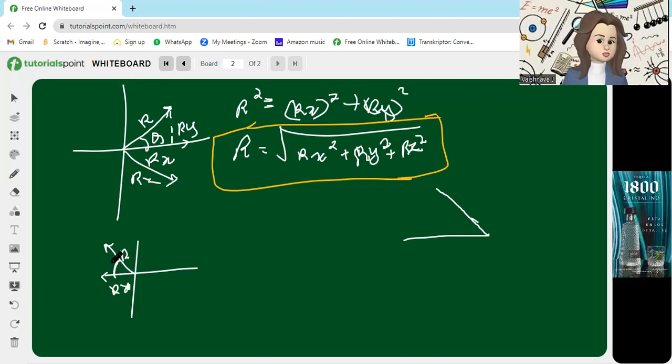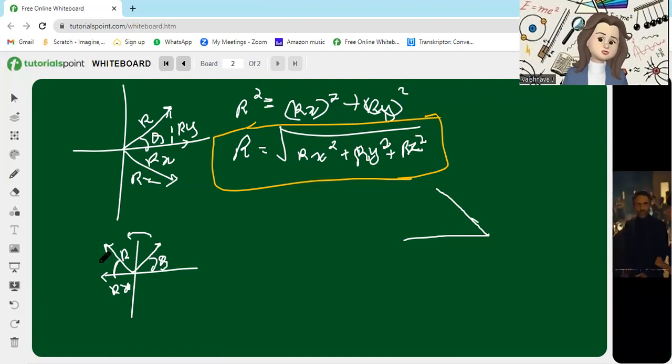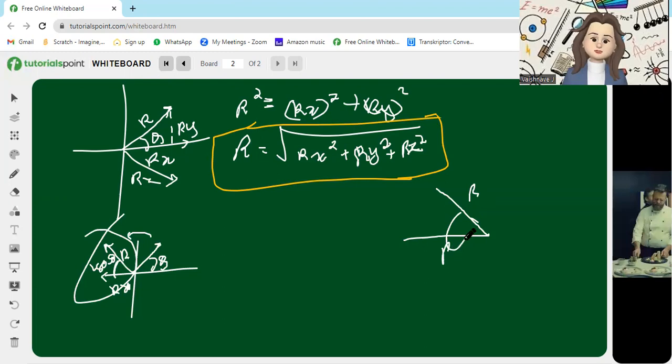To find the angle between R and Rx, this is theta. If it is here, we say this as theta. If it goes this side, we can say it as 180 minus theta. Now 180 minus theta is when it's like this. Okay, this is R, this is Rx.